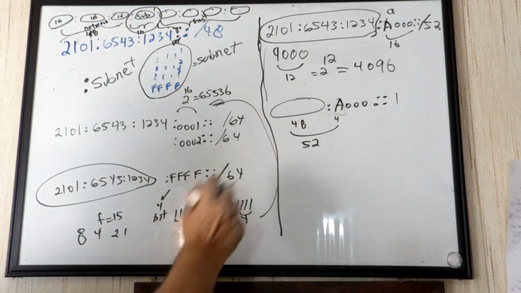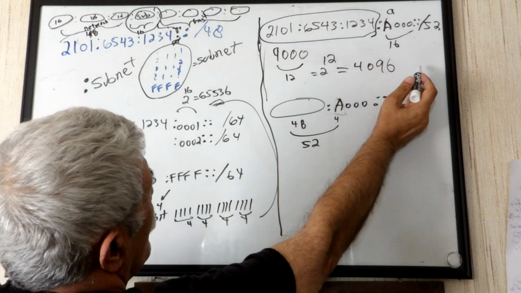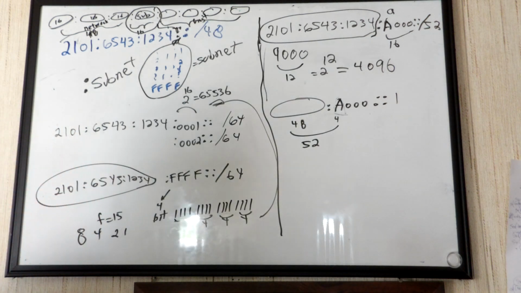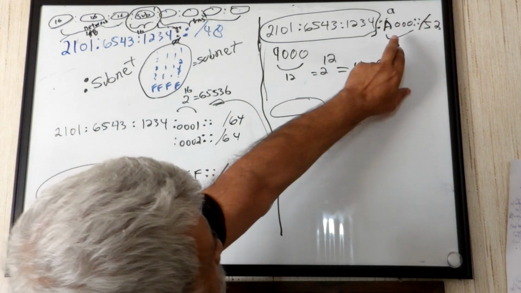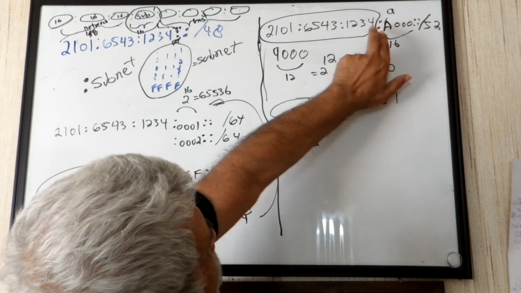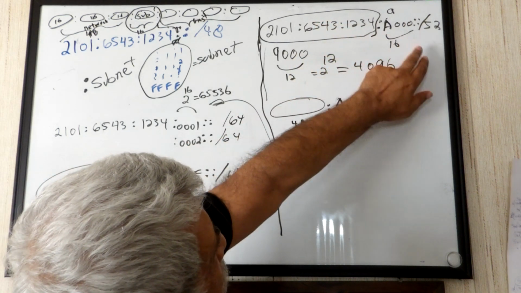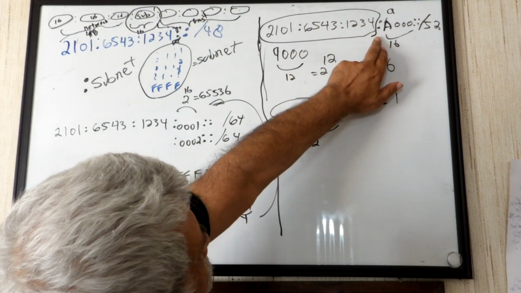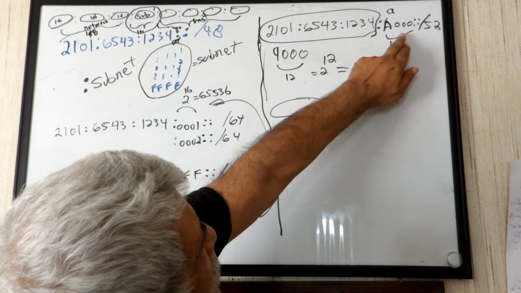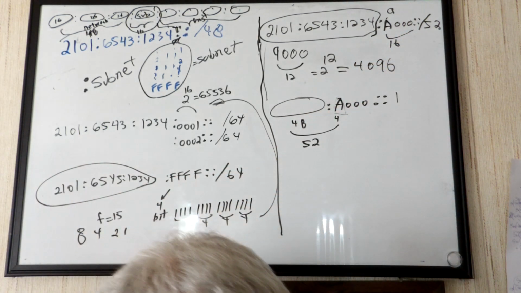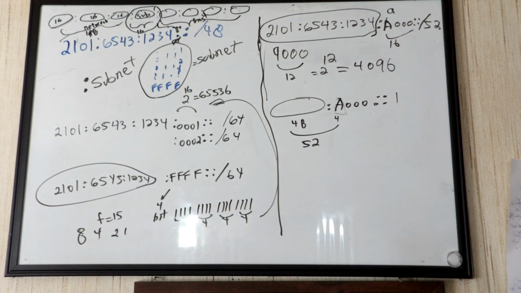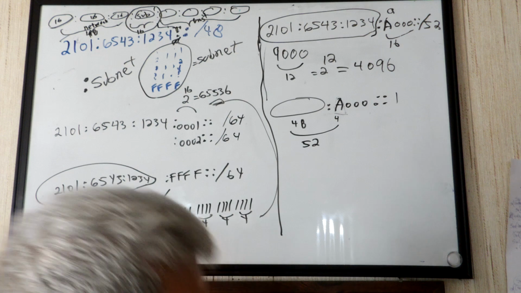Let's compare it to 52. Here we have 52. Then what is happening? The number of the subnets continues like that, and with 52 only 3 of these digits are available, and each of them has 4 bits.